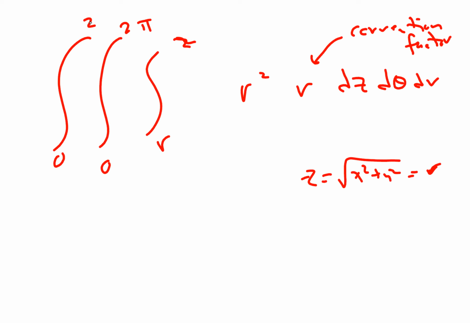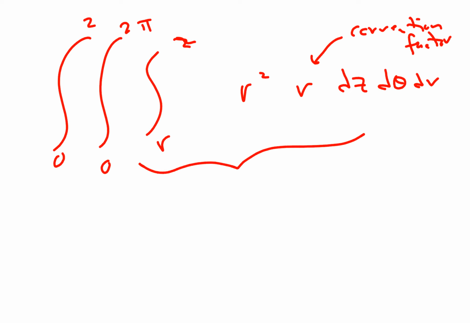So let's do that. Let's just erase this for a minute, get that out of our way, and let's do this inside integral. So this is really r cubed, but if you're integrating with respect to z, then r cubed is a constant. So the antiderivative just becomes r cubed times z, evaluated from r to 2.